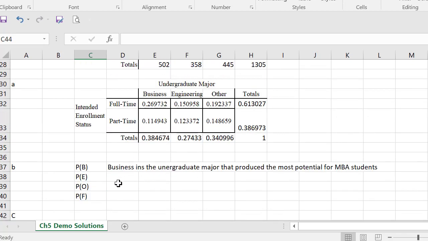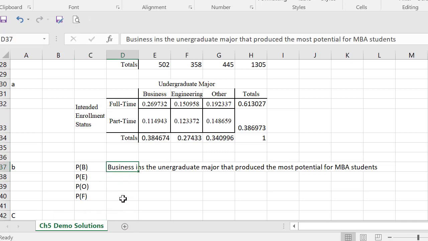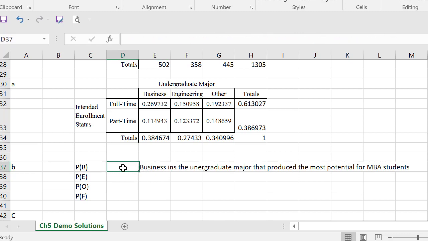And let me go back, let me move this over. So the probability of B is this.